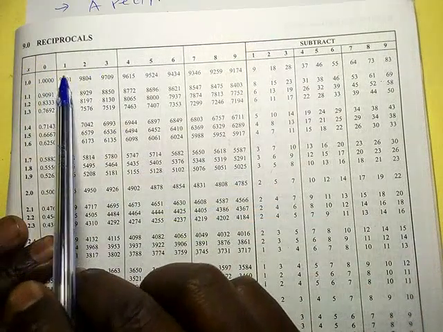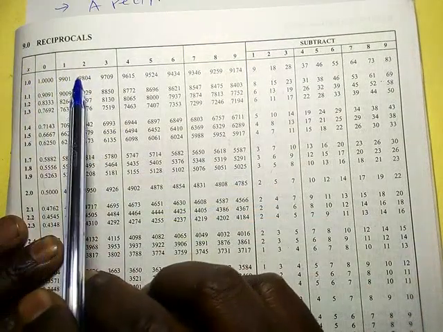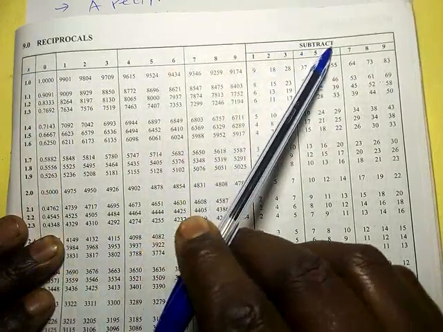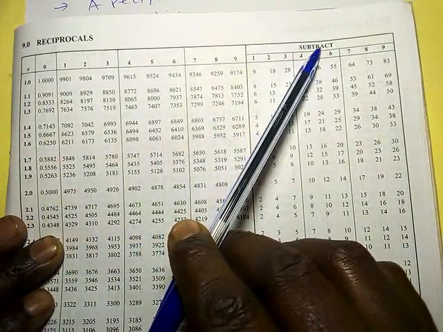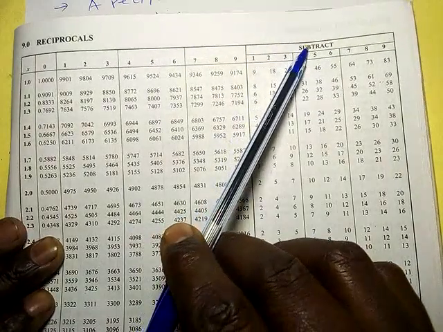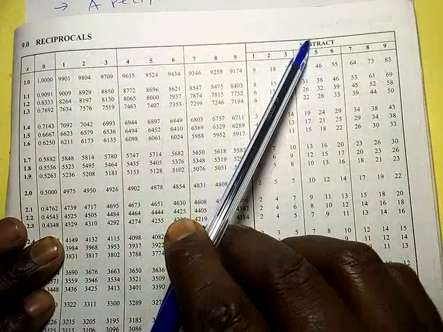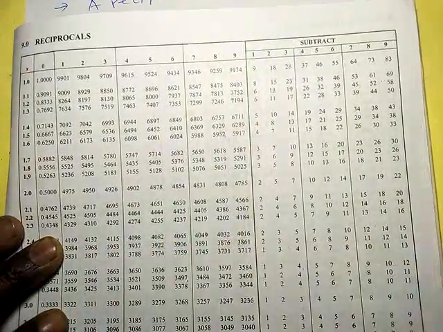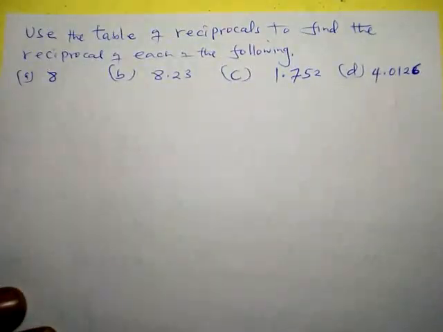The only difference from the other one is in the difference columns: you saw for the cube we were adding, but for this one we subtract the difference. That one you must know.